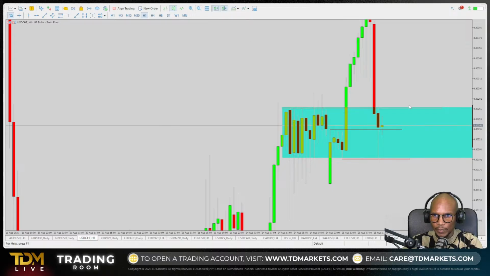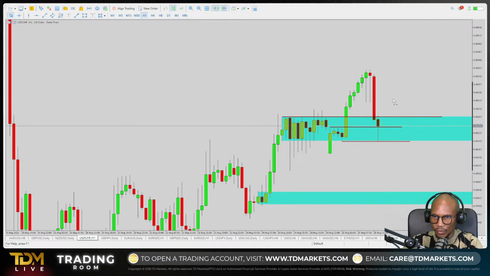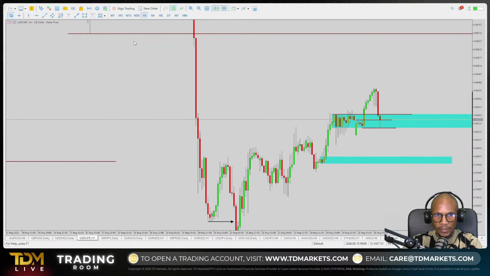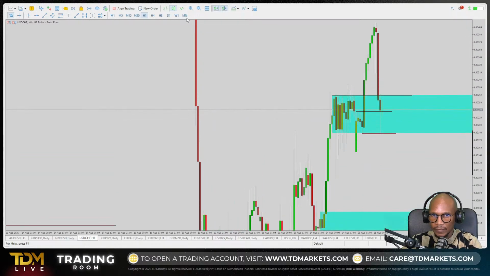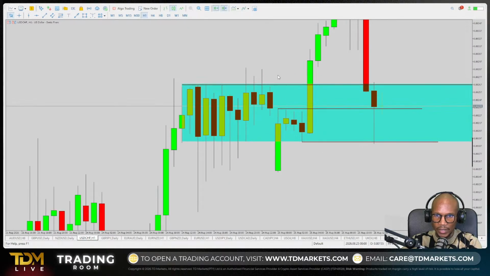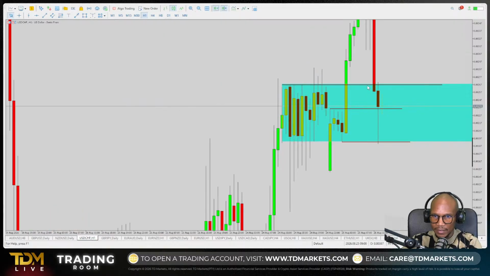Yeah, so I'll be looking for my entry point around the zone. If it breaks and then it goes down to this area, I'll still be looking for my entry point. So it's either we're gonna go up here or from here. You see how it is? So just look for your setups, guys. Obviously, we trade different entry techniques, entry criteria.